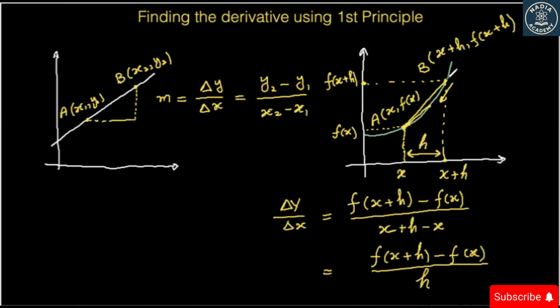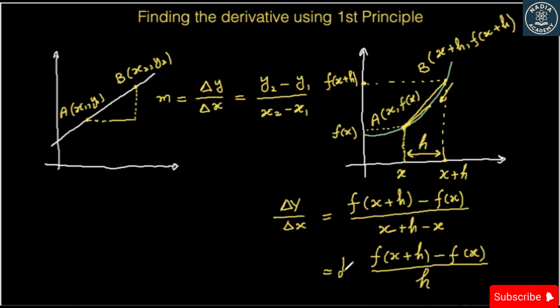With these lines, we understood that this gradient will be more accurate at point A if the difference between x plus h and x, that is h, is very, very small.